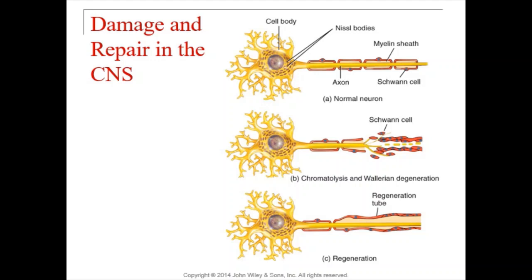Schwann cells make myelin to form a regeneration tube to guide the axon towards its location. And then step 4, the axon will finish growing and attach to its target cell. The axon will finish growing and go back to its original location. And that's how you regenerate at least a part of a neuron. At least the axon. That's chapter 12.